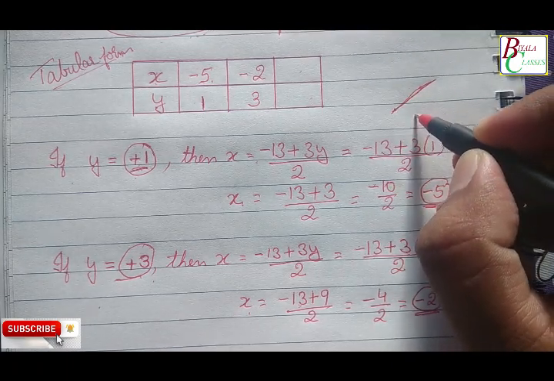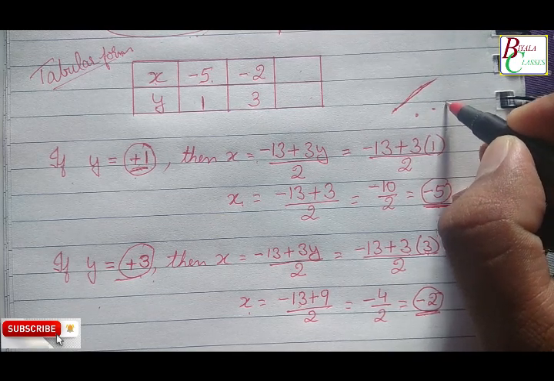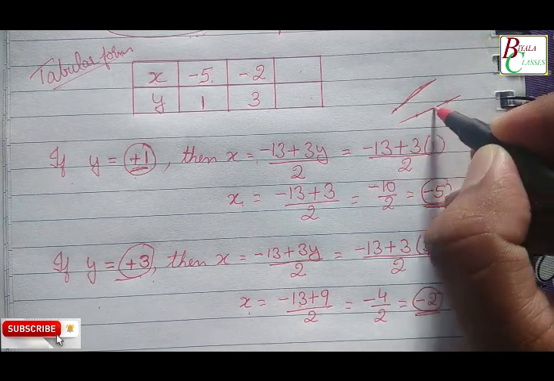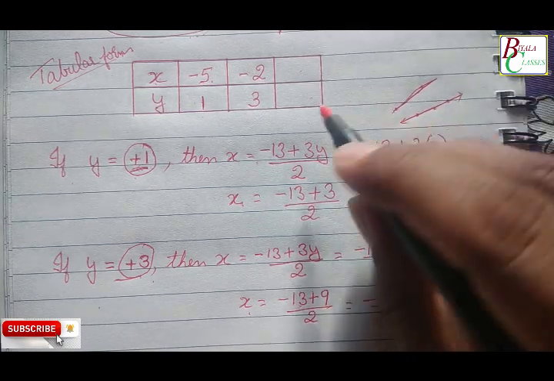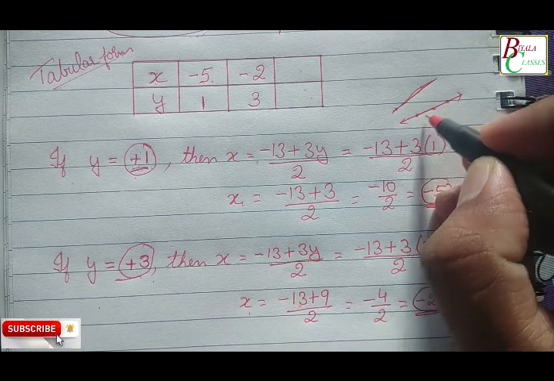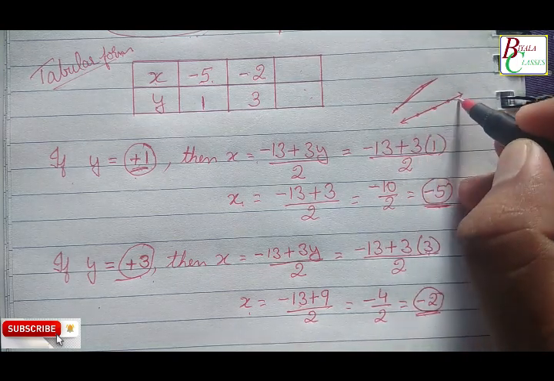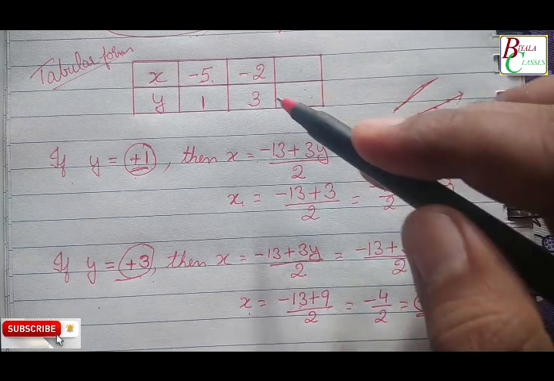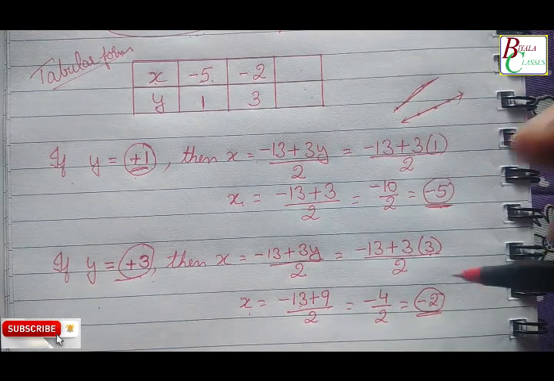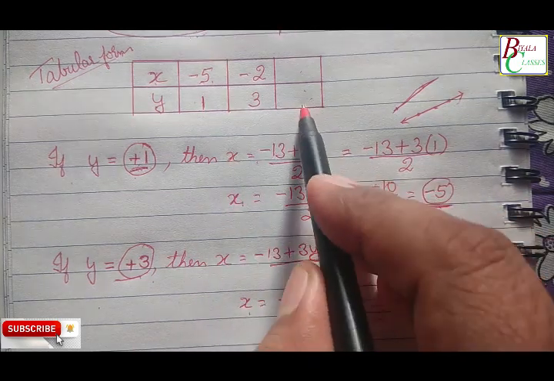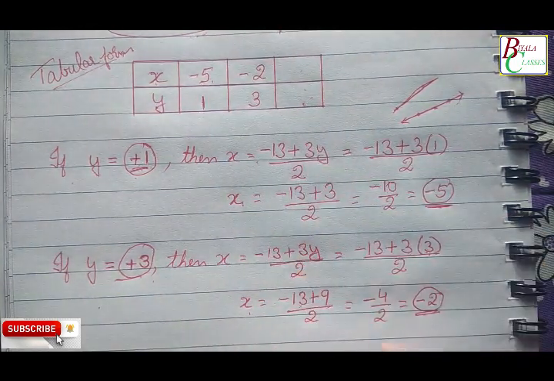But when you calculate 3 points, then the straight line which is formed will make sure that your solutions are right. In case any one of the solutions is wrong, you will not get a straight line. So that will indicate that there is something wrong in your steps, in the solutions which you have calculated. So for that sake, we will calculate the third one also.